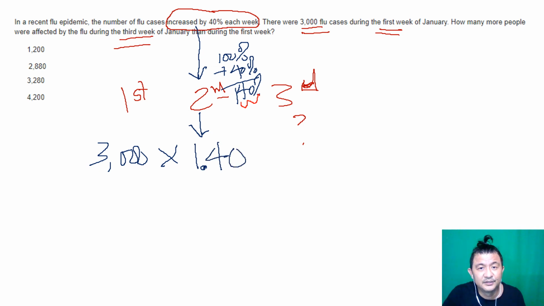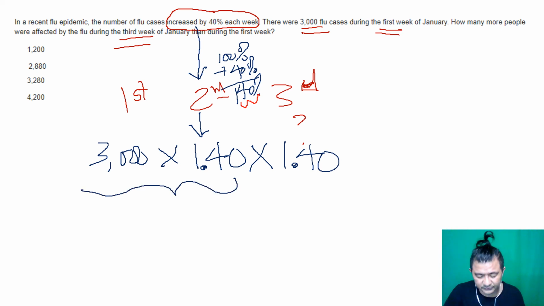But again, it will increase by another 40%. So multiply it by 1.40. Okay, so after the second week, let's solve for this. 3,000 times 1.4 is 4,200. 4,200 cases.